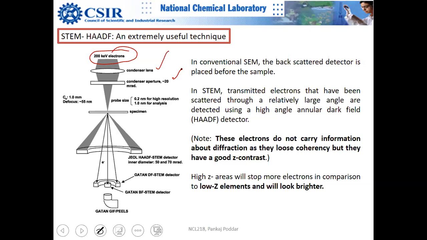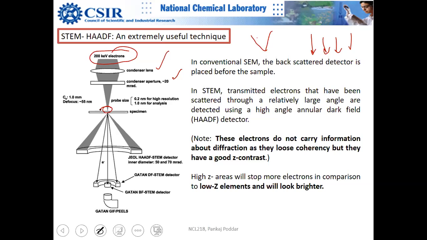Even using this glass, as a kid we used to focus and defocus sun rays, right? Our eyeglasses do the same thing. Here the lenses are made of magnetic field. So now we are able to reduce the probe size.